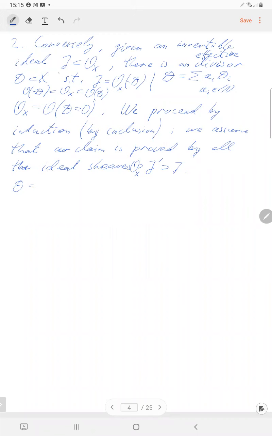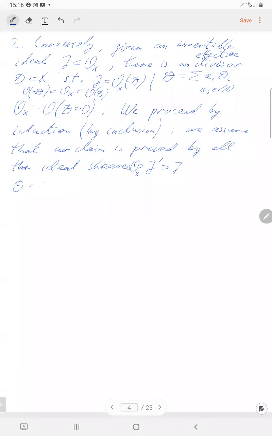Somehow we'll use this induction assumption in the proof below, but first we have to explicitly produce this D. So the D is just the support of... well, its ideal sheaf is just J, right?